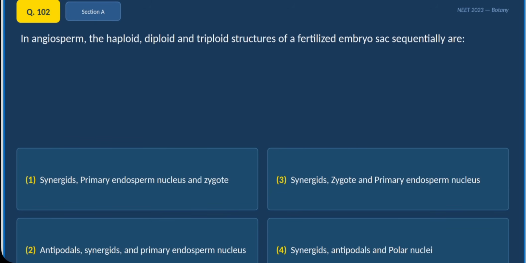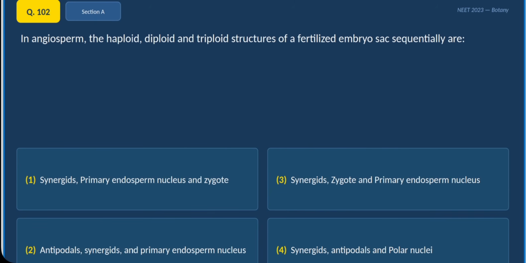Primary endosperm nucleus is diploid and zygote is diploid, so first option is not possible. Second option, antipodals are haploid, synergids are haploid, and primary endosperm nucleus, this is also not possible.